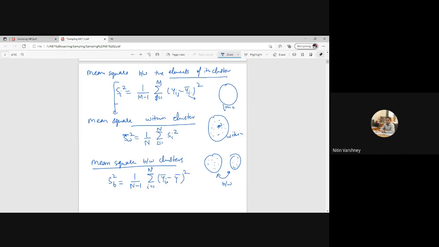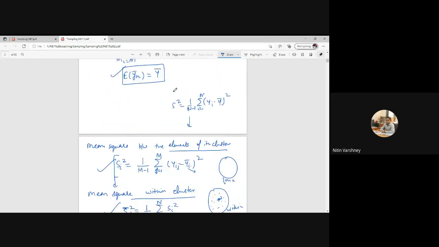Here we take the mean of each cluster, suppose this is 1, this is 2, and we have to find the mean square between them. So SB square is equal to 1 upon n minus 1 summation i is equal to 1 to n of this. Okay, so these three are important, and the notations are very important in sampling.